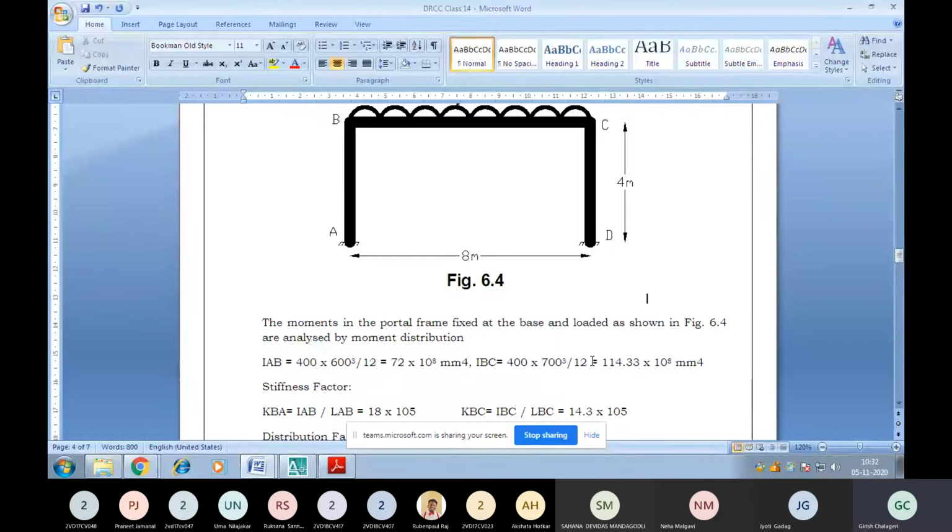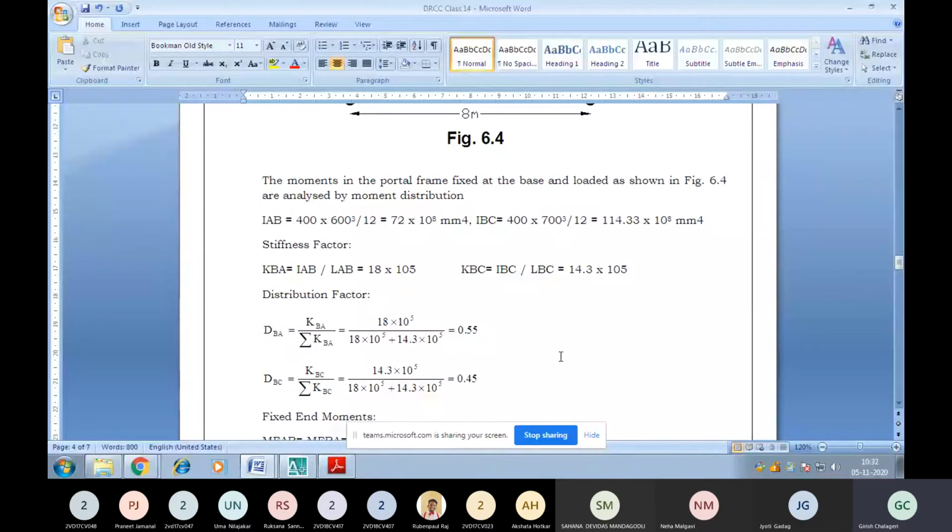I want to find the rotation factors, the stiffness factors, that is the distribution factor at each end. The stiffness factor for column AB is K equal to I by L, because E is constant and 4 is constant. For column AB, I is already 72 into 10 raised to 8, divided by L, that is the length 4000.